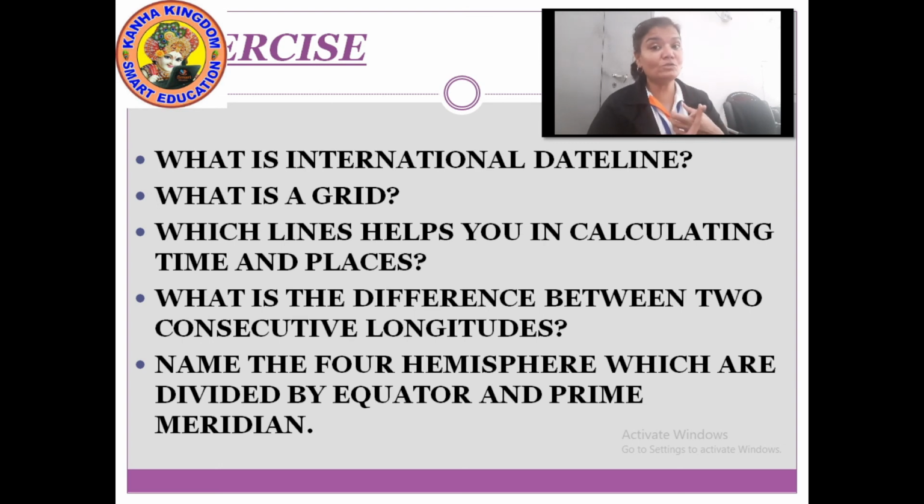The prime meridian also divides the earth into 2 halves but vertically, giving the eastern hemisphere and western hemisphere.